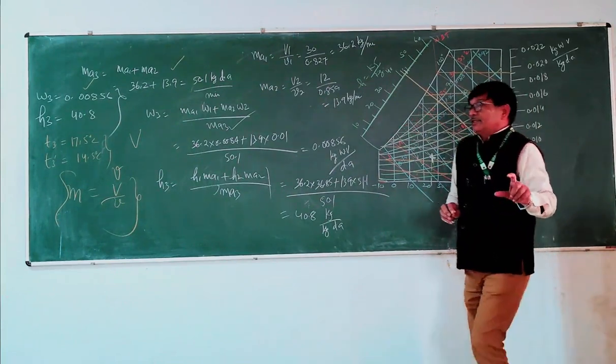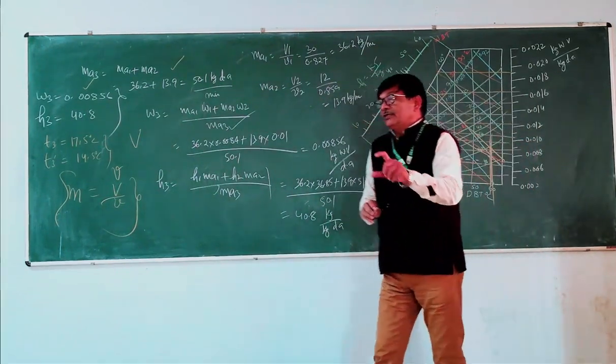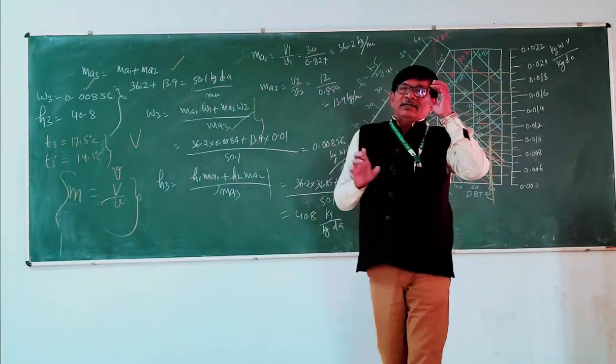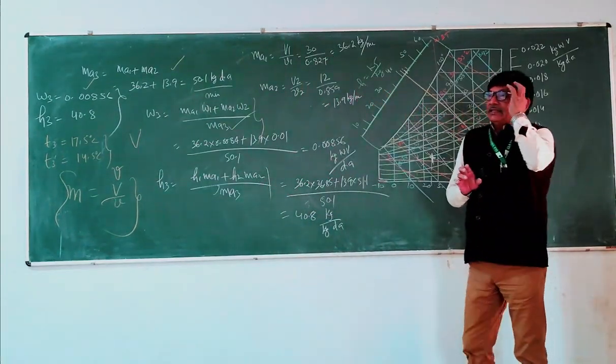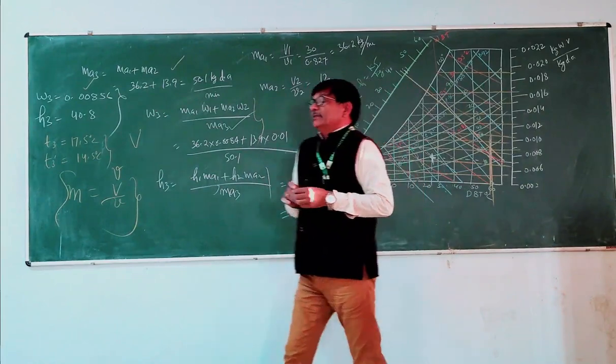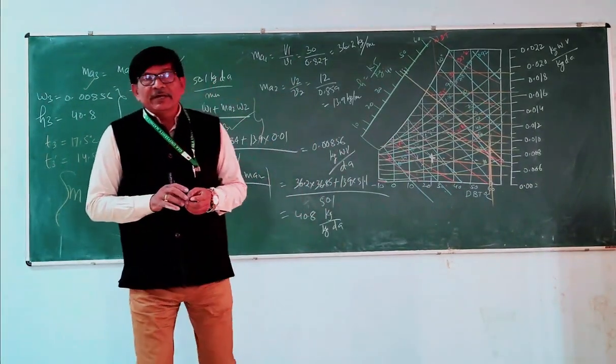From the given information you get the intersection points. So this is an easy question.